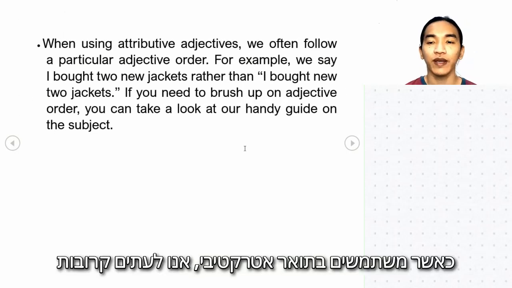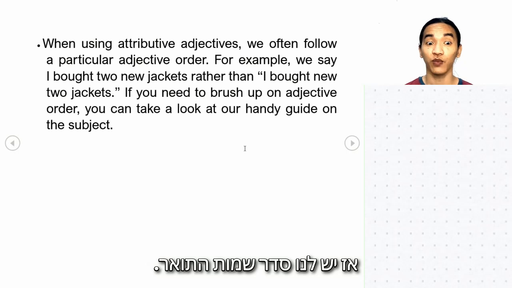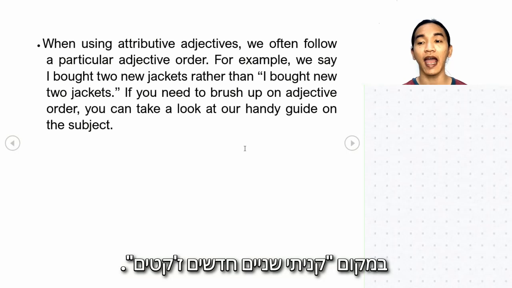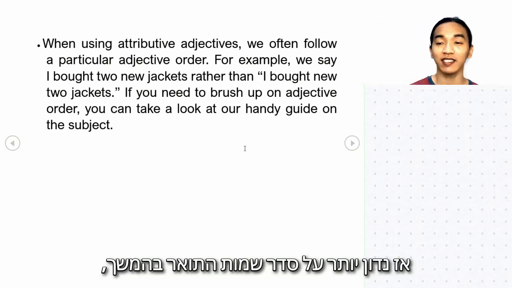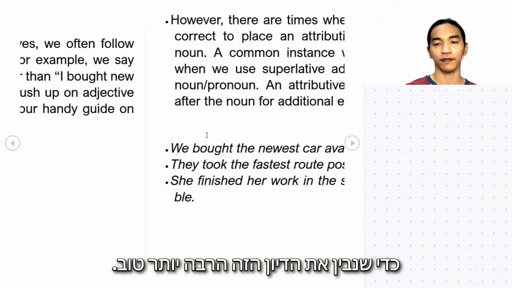Next one, when using attributive adjectives, we often follow a particular adjective order. For example, we say I bought two new jackets rather than I bought new two jackets. We will be discussing more on the order of adjectives later on, for us to understand this discussion much better.